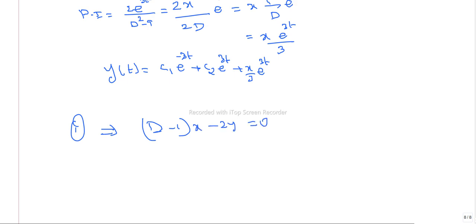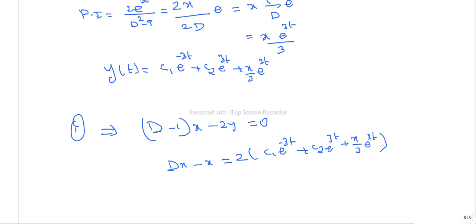So this is the first equation. Inside we have Dx minus x, and you can take 2y. So y is nothing but c1 e power minus 3t plus c2 times e power 3t plus x by 3 e power 3t.